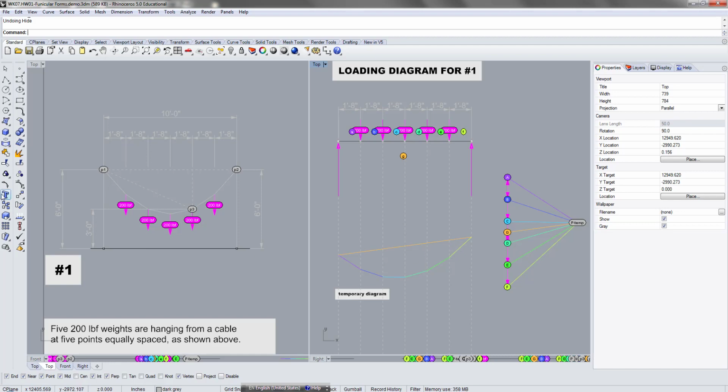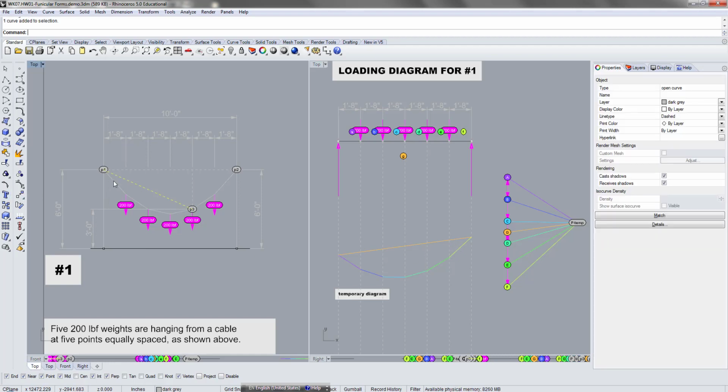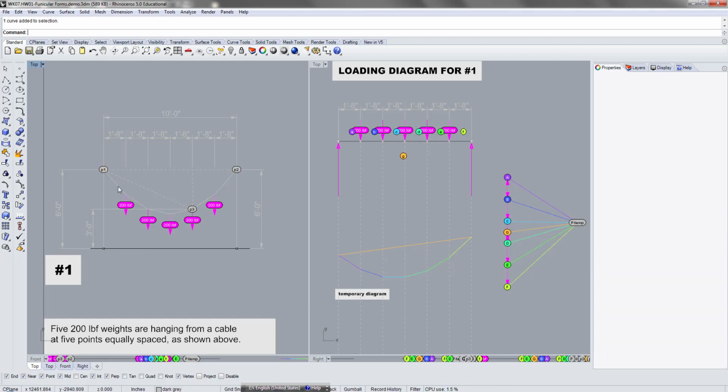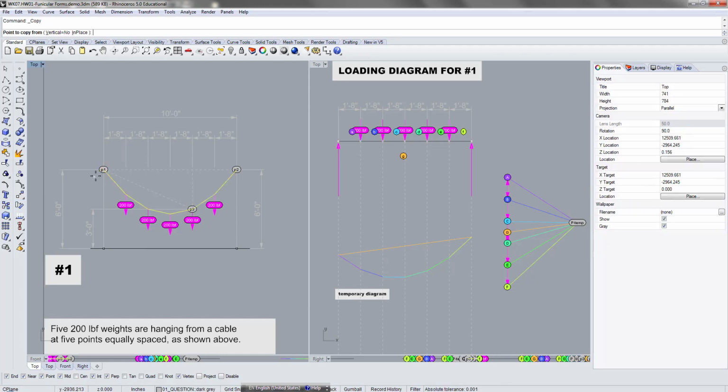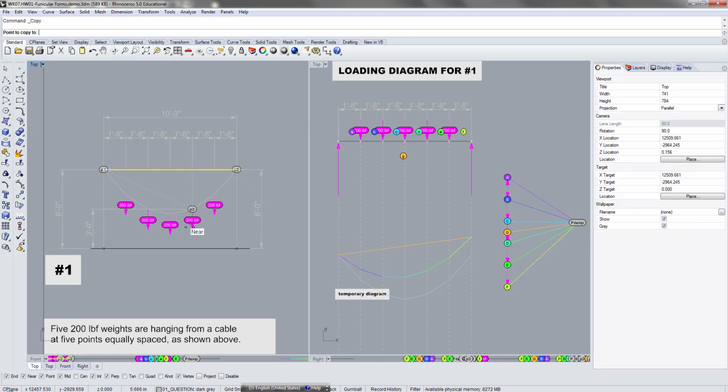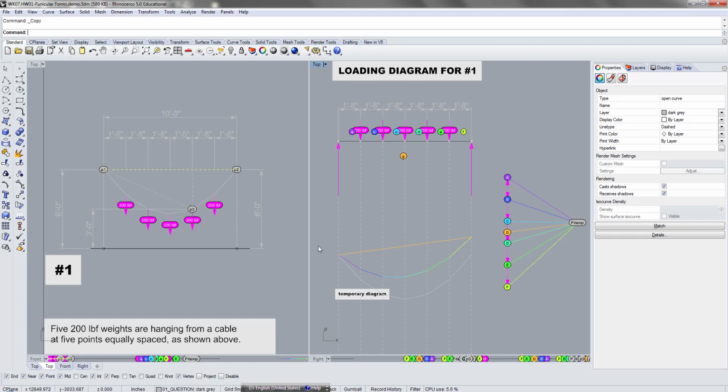So now there's another important piece of information, which is this one, connecting P1 and P3. This is not a correct funicular curve, but I'm guessing it's going to look something like that, right?